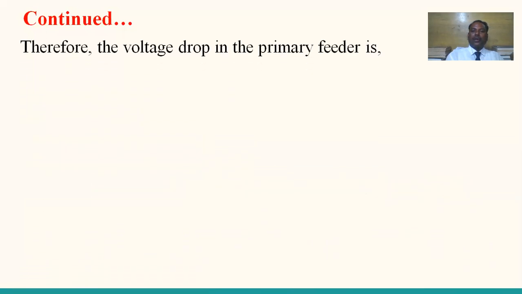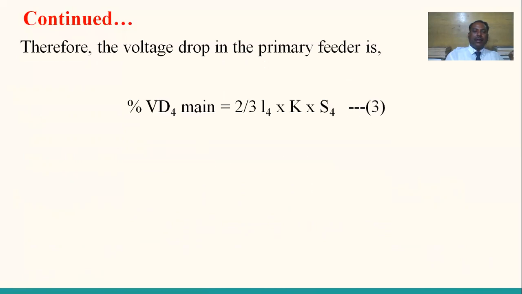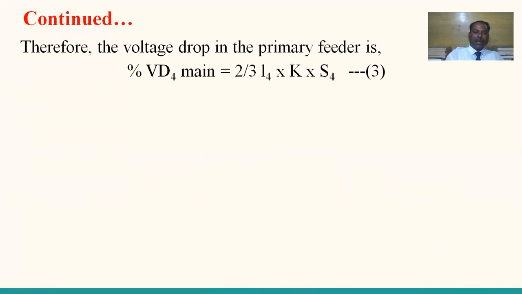the voltage drop in the primary feeder, the percentage of voltage drop in one feeder out of 4 feeders, is equal to 2 by 3 L4 into K into S4. So this is the equation. This equation will come later from a derivation point of view. At that time we will derive this equation, and see how it comes for an AC distributor with uniformly distributed load fed at one end, with a loading point at 2/3 of L4.